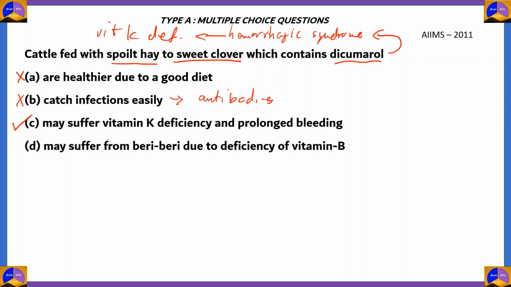And option D, may suffer from beriberi due to deficiency of vitamin B, is incorrect because the diet of spoiled hay and sweet clover containing dicumarol does not cause a deficiency of vitamin B. So option D is also incorrect. The right answer is option C. Cattle fed with spoiled hay and sweet clover containing dicumarol may suffer from hemorrhagic syndrome, that is vitamin K deficiency and prolonged bleeding.